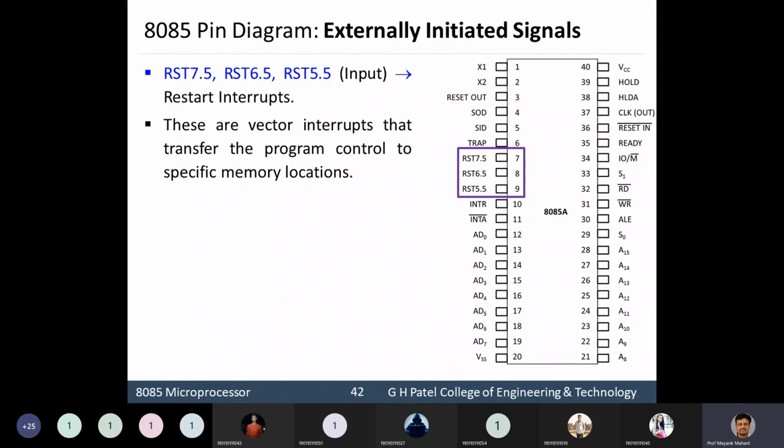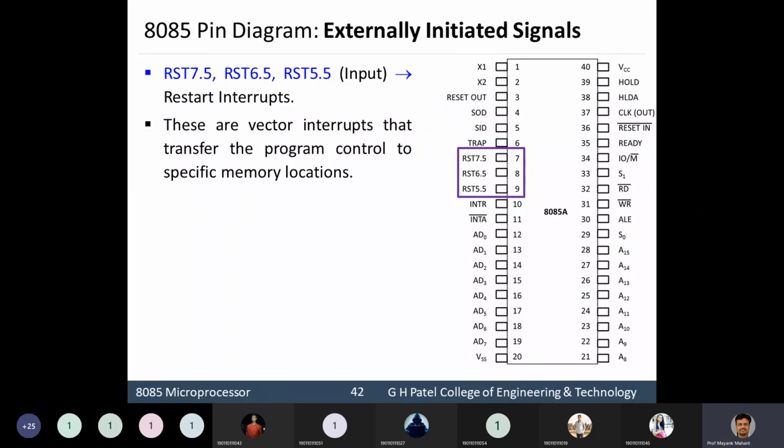Let's say that if interrupt 7.5 is received by the microprocessor, it needs to erase all the memory, or stop the execution, or whatever task you have specified, that whenever this interrupt occurs, this must be the task performed by the microprocessor. That particular code is written at a particular memory location.